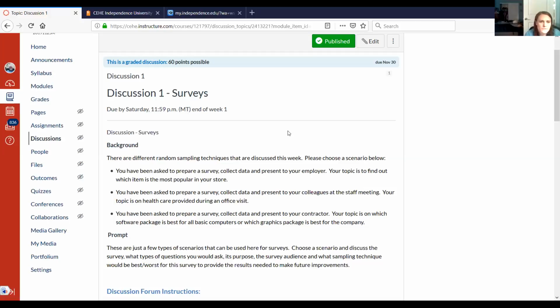And when you do that, think about, in this particular discussion here, you can choose one of these three scenarios, only one. So you've got a topic to find out which item is most popular in your store, opinions on healthcare provided during an office visit, or a software package that's best for an application in the company.